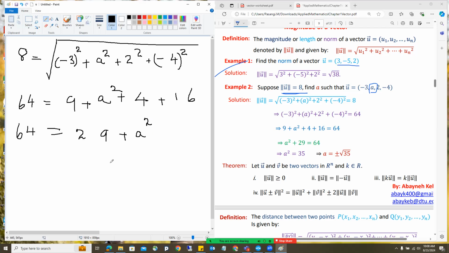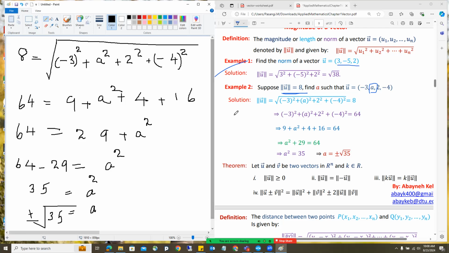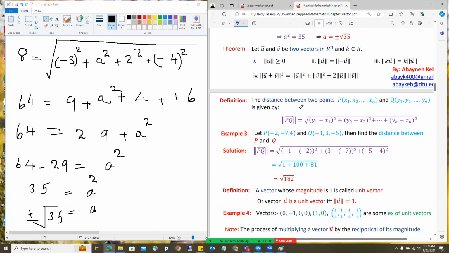Then we can have this a squared value as 64 minus 29, that is 35. 35 is equal to a squared. So the value of a, we can get two values by square rooting both sides. Then we have plus square root 35 as well as minus square root 35. Is it clear? Okay, that's how we normally find these kinds of questions.